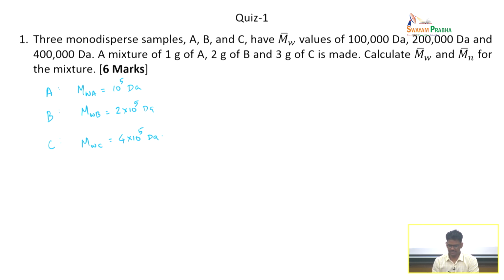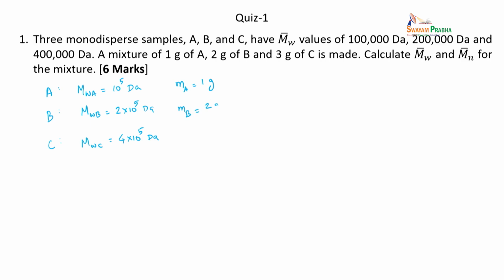Okay, this information is given, and then mass also is given. Mass of A is 1 gram, mass of B is 2 grams, and mass of C is 3 grams.